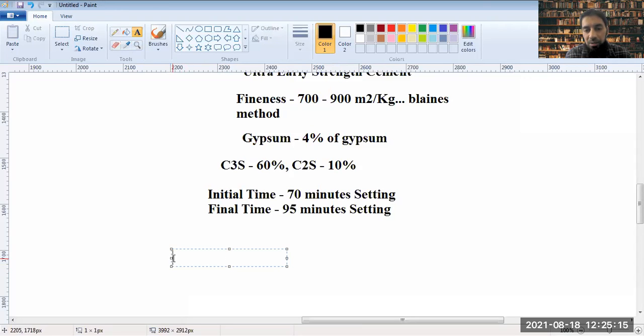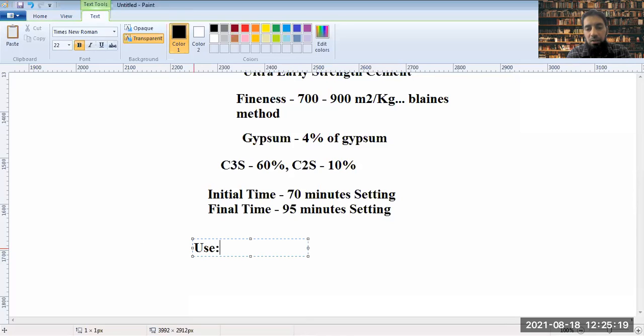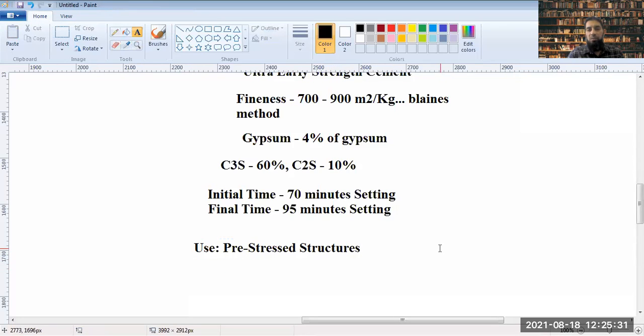That's 600 minutes. So what is the application? What is the use of this sort of cement? A very early setting. So it's actually used in pre-stressed concrete structures. What is a pre-stressed concrete structure? Which are actually cast in the pre-stressing mode, where you are applying certain forms of stressing through steel.